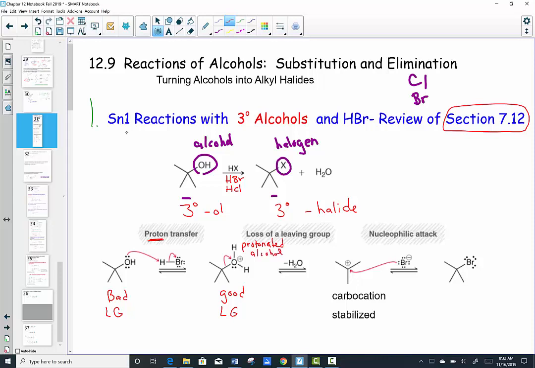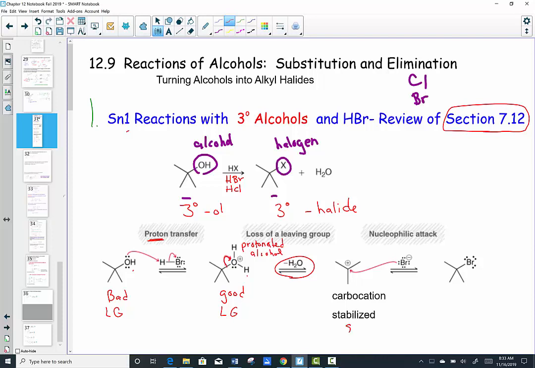And with an SN1, a unimolecular reaction mechanism, the rate determining step is the leaving group must leave. And so that's what we see in this particular portion of our mechanism. We've converted the alcohol into a protonated alcohol, and then the leaving group leaves. And that's what this minus H2O is.